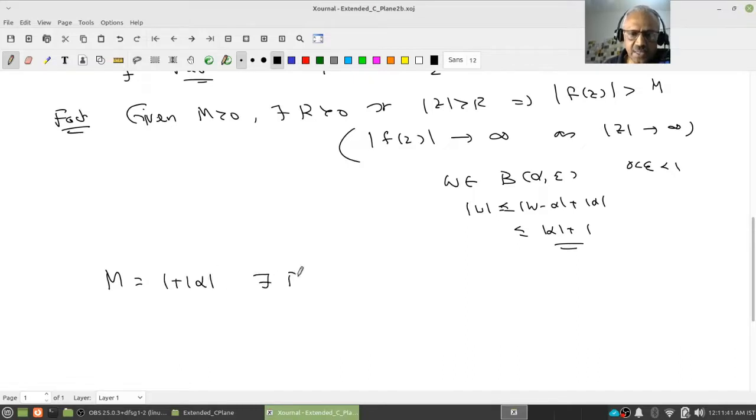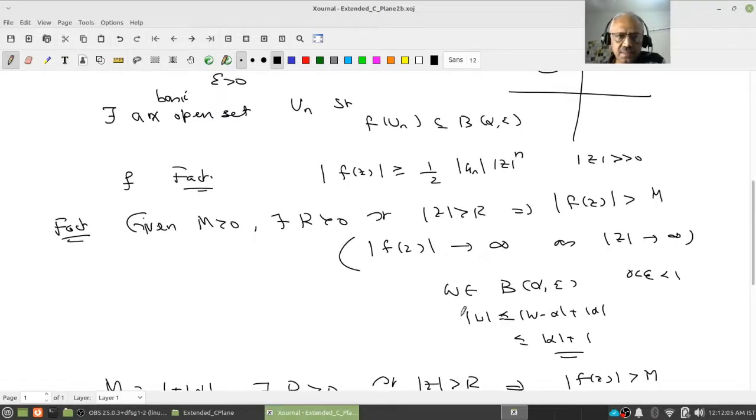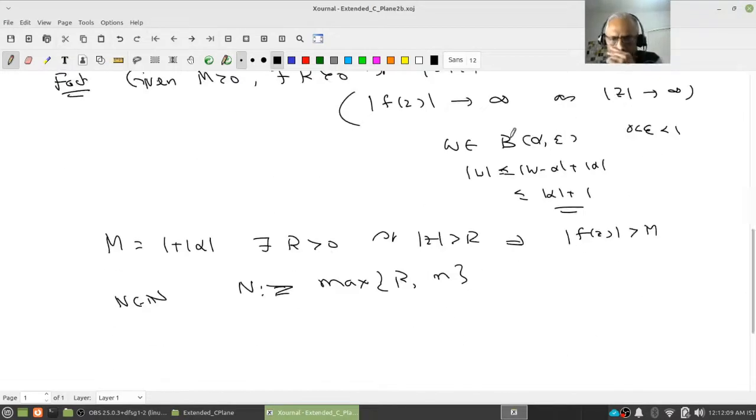Therefore there exists an R positive, so that mod z greater than R implies mod of f of z is greater than M. Now choose a natural number n which is greater than the maximum of R as well as this N. What is this N? This is the basic open set U_N, which had this property.